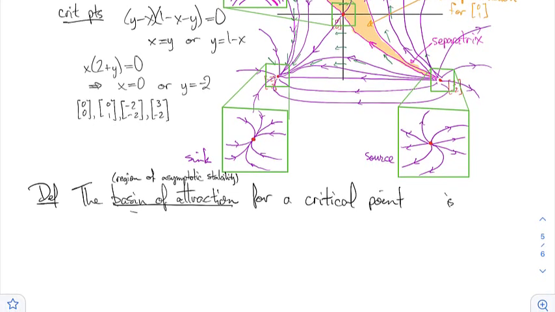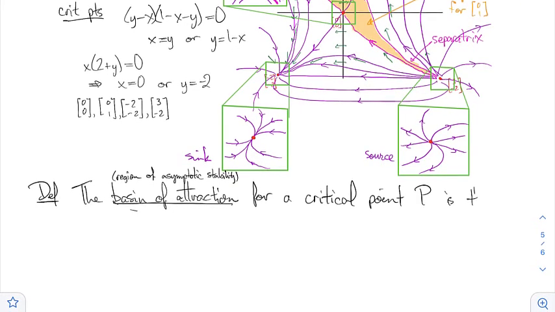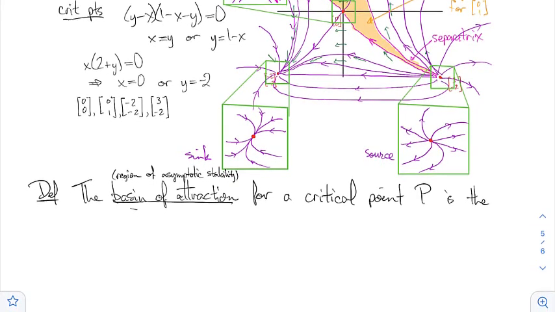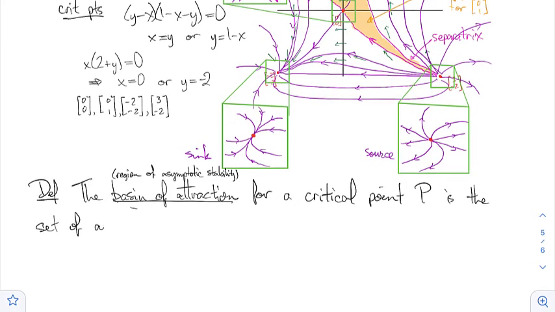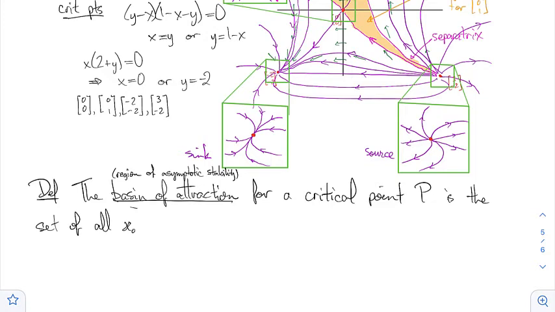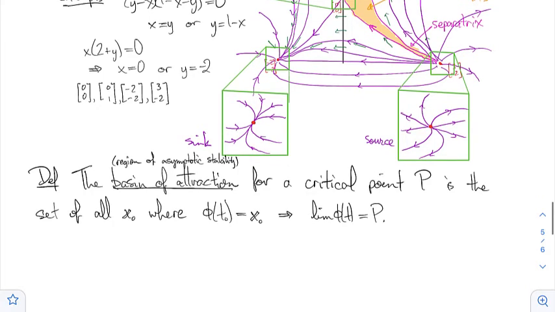We'll call it a critical point P, is the set of all initial points x naught where if you start at that particular point, then it implies that the limit as time goes to infinity of phi of t is equal to P.